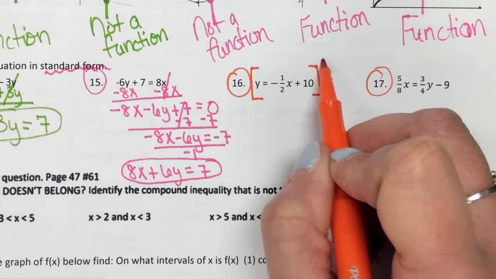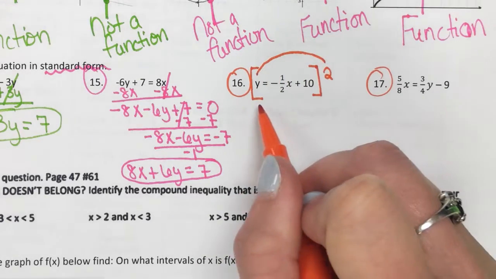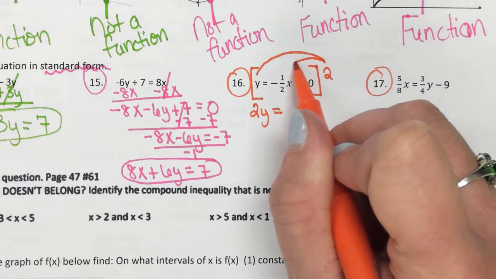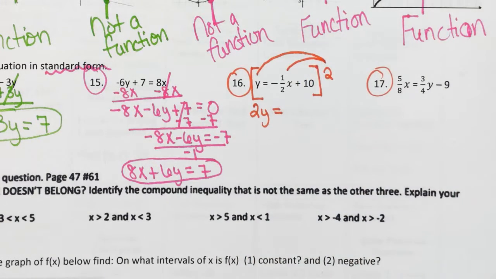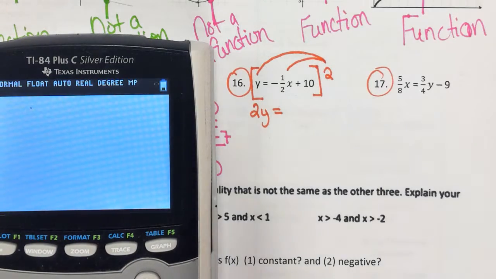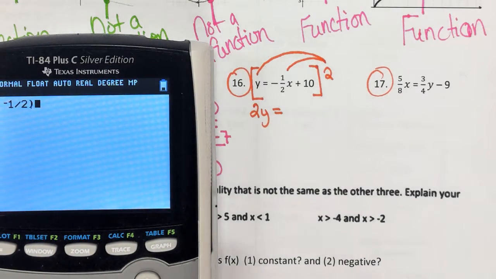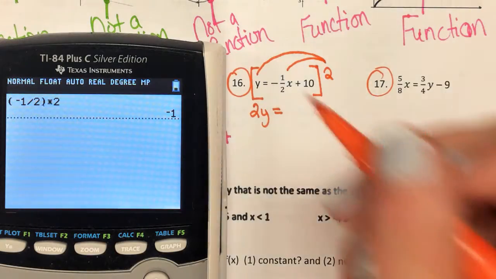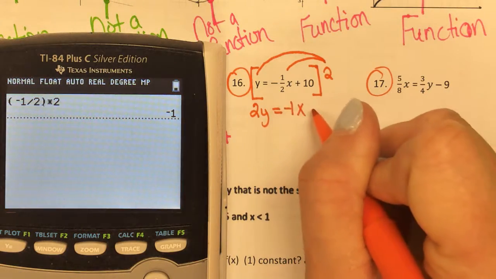All right, so here we go, guys. You've got to multiply everything. So what's y times 2? 2y equals. If you don't know, take your calculator. Parentheses, negative 1 divided by 2, close parentheses, times 2. It'll give you the answer. What do you get? Negative 1. Don't let those fractions scare you, okay?